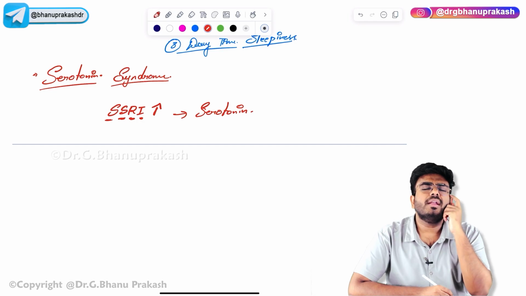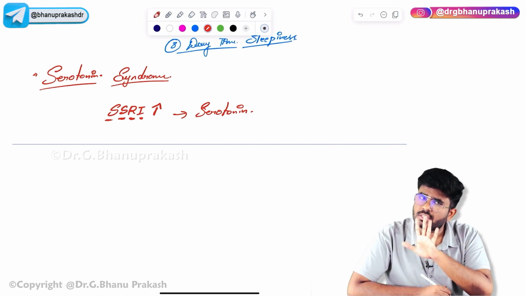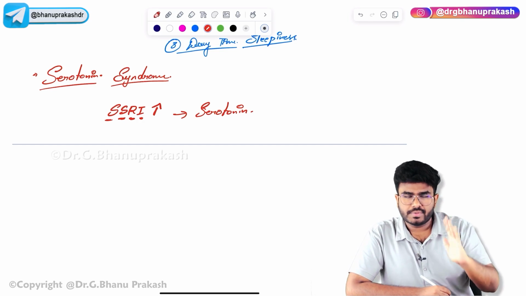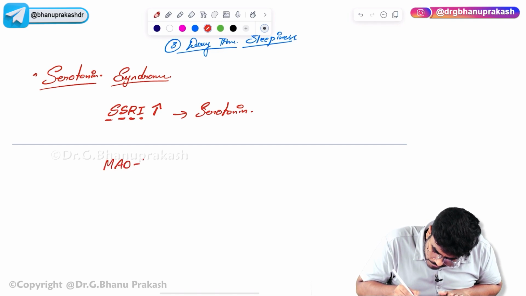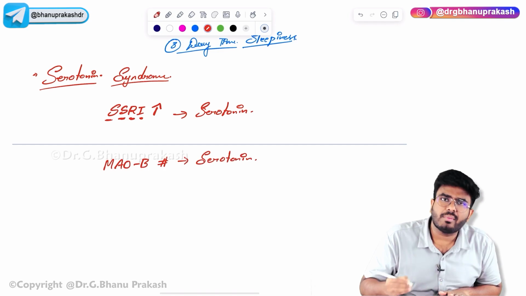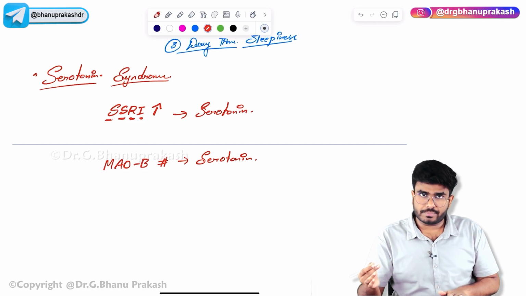Okay, MAO-B, what will it do? See, MAO-B inhibition increases the dopamine levels, no doubt, but it also increases the serotonin levels to an extent. MAO-B inhibitors to a certain degree can also increase serotonin because they belong to the same family. MAO-A inhibits the serotonin, MAO-B inhibits the dopamine.